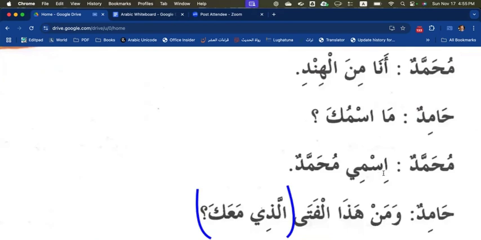Ismi Muhammad. My name is Muhammad. Very nice. Now, say my name is Surya in Arabic. Ismi Surya, or Ana Surya. Oh, look at that. You guys are spoiling me with all these kinds of words and everything. Very nice.